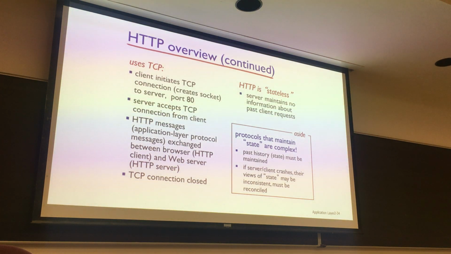HTTP uses a TCP connection so it can get reliable data transfer. That's the primary reason. And it uses a well-known port, port 80, for communication. So this is a communication between a browser and a web server. We also covered that in the exercise.